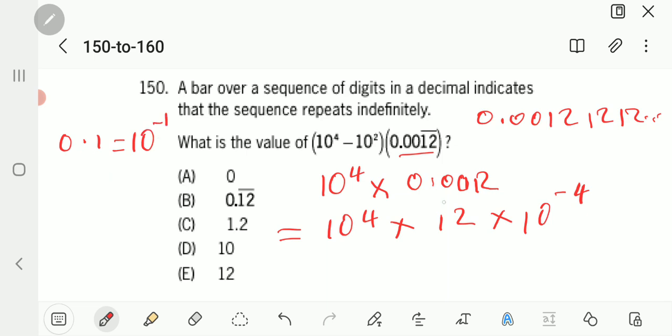So when we counted 4 here, 1 2 3 4, that means it's 4, that is 10 raised to the power 4. So now we cancel this, so the answer is approximately 12. This is correct. Next question.